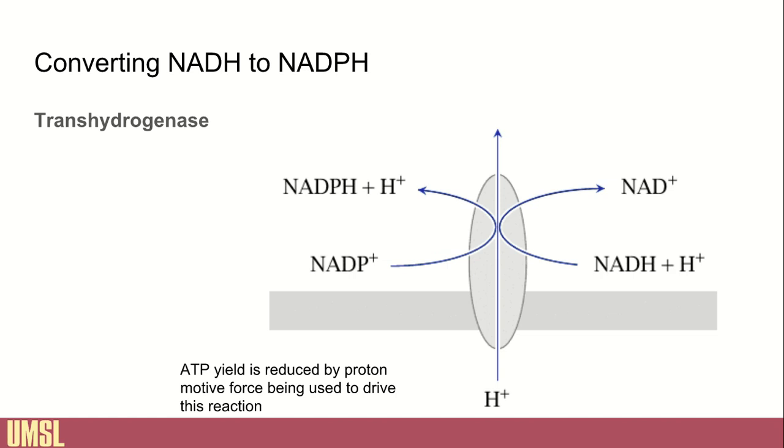If all of those protons went through ATP synthase, we can imagine we'll get 32 ATP per glucose, right? Depending on coupling number, depending on a number of other factors.